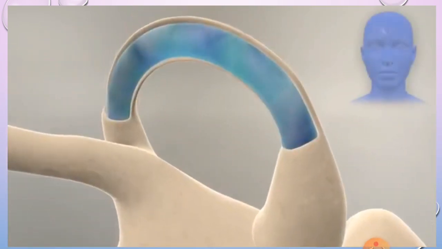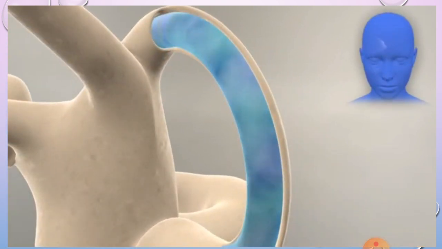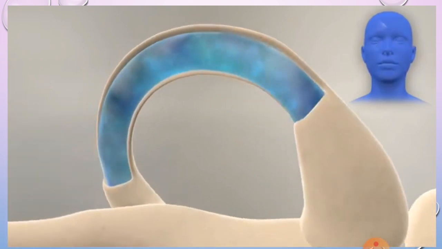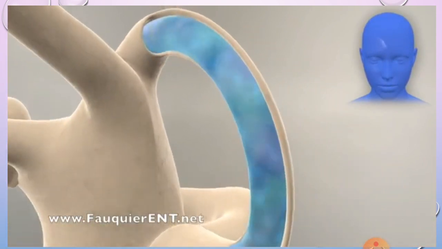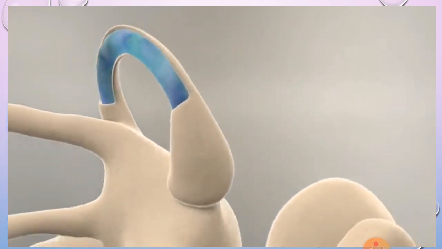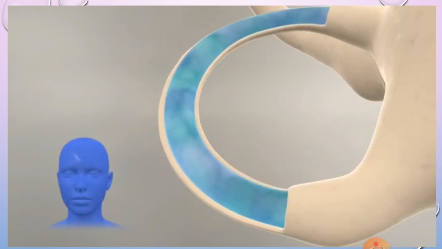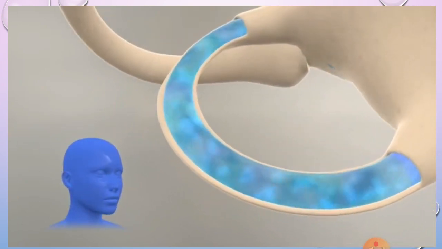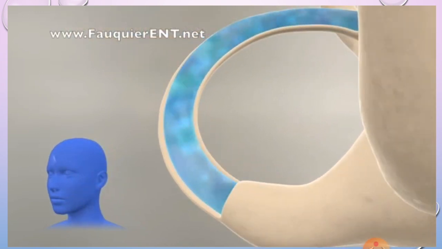Now this is the superior semicircular canal, which detects when the head nods up and down in a yes movement, detected by the crista ampullaris. And lastly, the lateral semicircular canal detects when the head shakes side to side in a no movement.